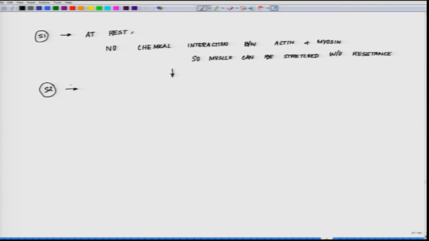Statement 2 is in the presence of calcium ions. Now, calcium is introduced into the system.